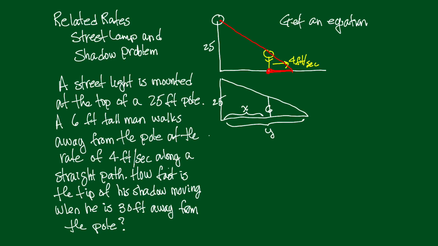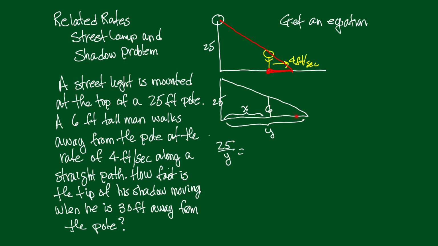So by similar triangles, here's what I've got. I've got that 25 is to y, right? This vertical side is to the long base. The vertical side is to the long base. So let me write that. 25 is to y as what? The short vertical is to the short side.